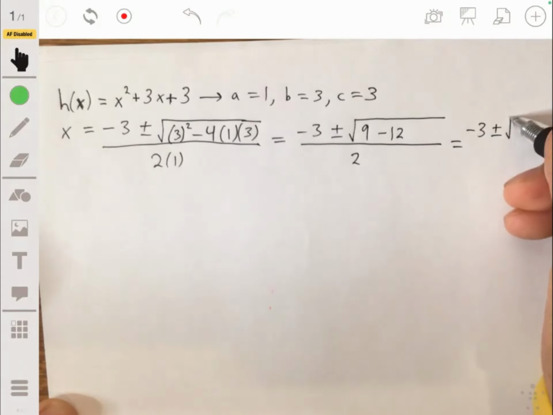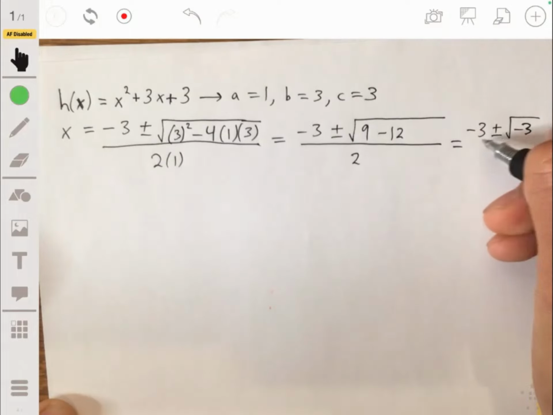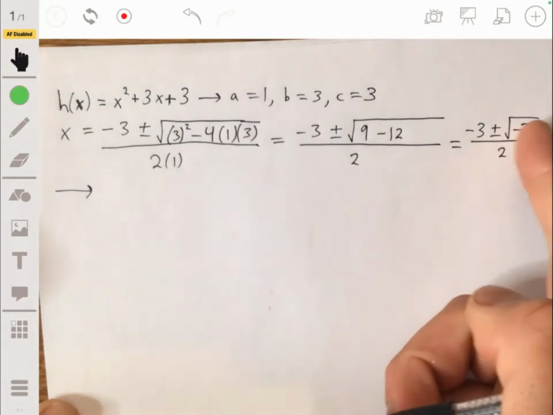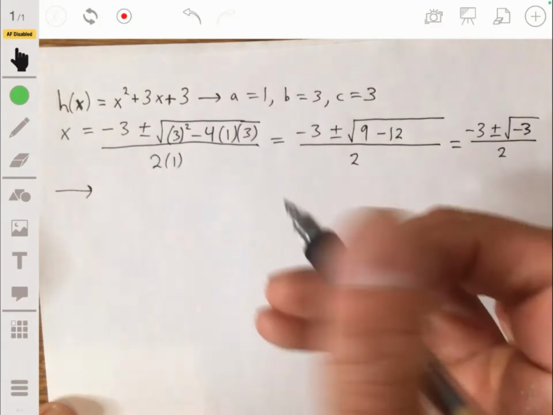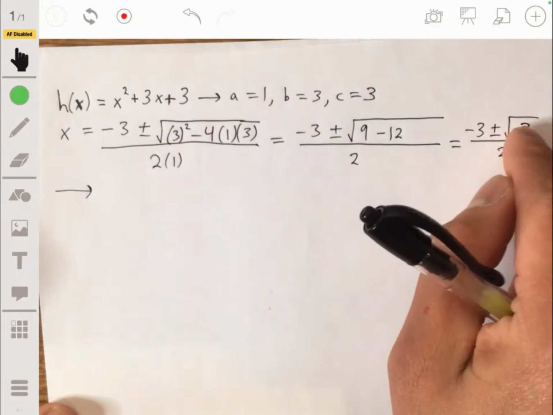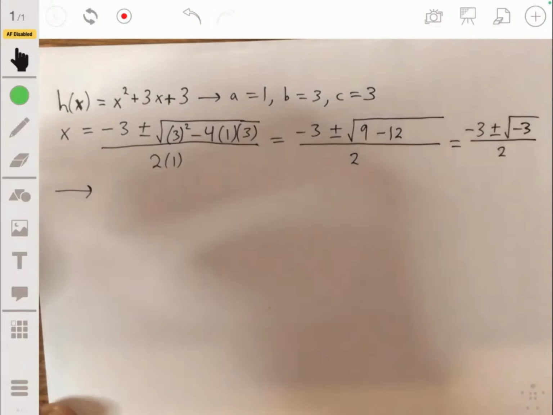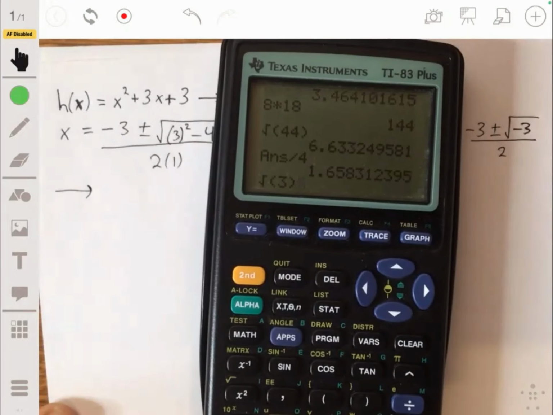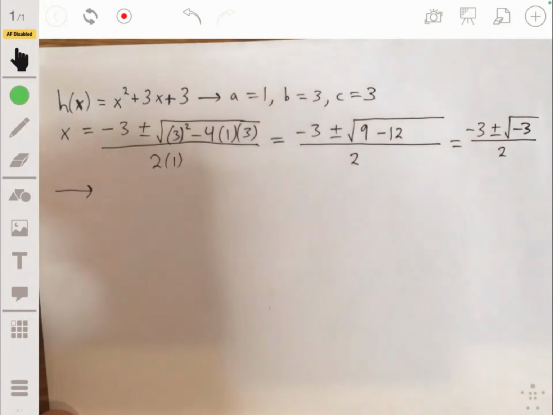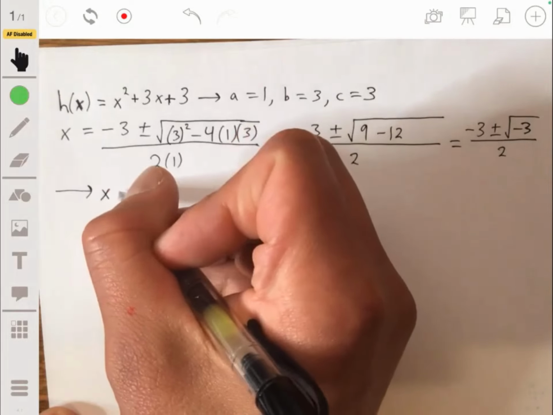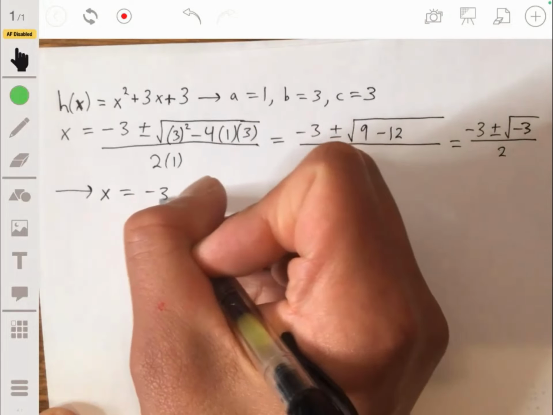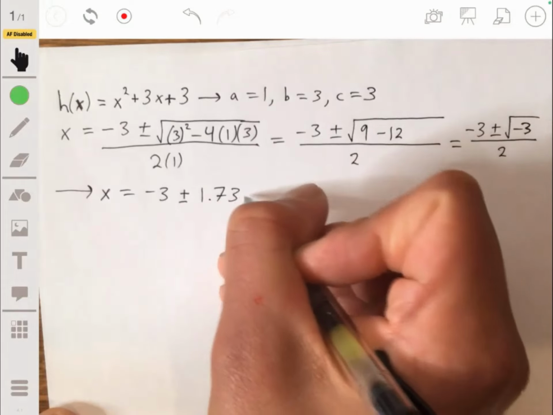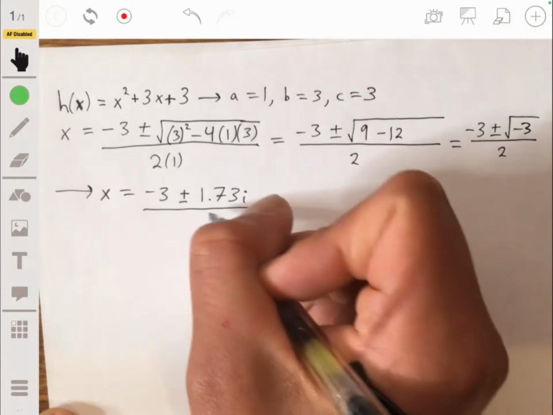Negative 3 plus or minus the square root of negative 3 over 2. So again, we have another square root of a negative number. So we're going to take the decimal approximation of the square root of 3, which is about 1.73. So x is negative 3 plus or minus 1.73i all over 2.